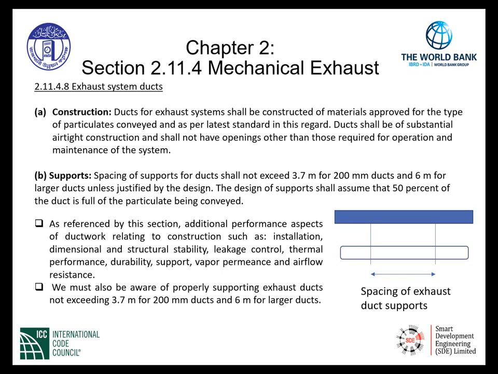As referenced by this section, additional performance aspects of ductwork relating to the construction, such as the installation, dimensional and structural stability, leakage control, as well as thermal performance, durability, support, vapor permeance, and airflow resistance must also be considered depending on the type of exhaust system that's being designed and constructed.